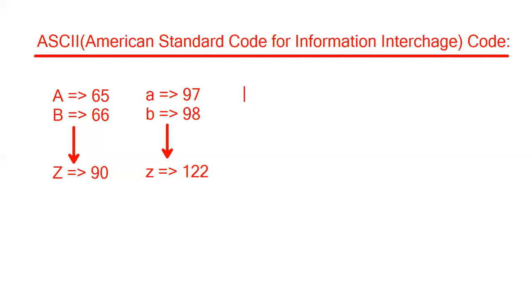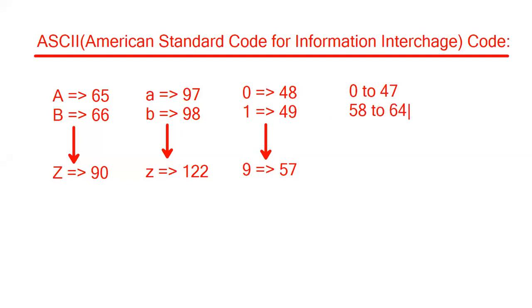Even digits have ASCII codes also. 0 is nothing but 48, 1 is nothing but 49, 9 is nothing but 57. But 0 to 47 is a gap, 58 to 64 is a gap, 91 to 96 is a gap, 123 to 255 is a gap.